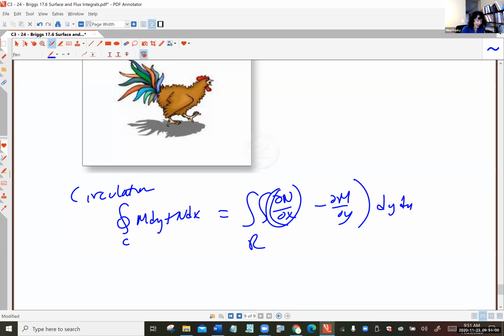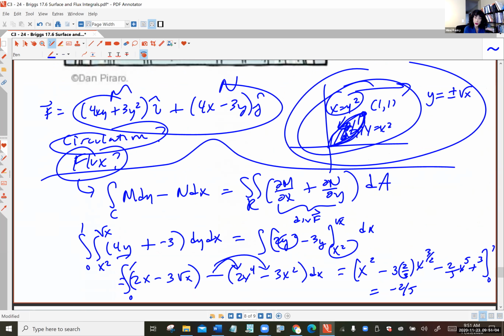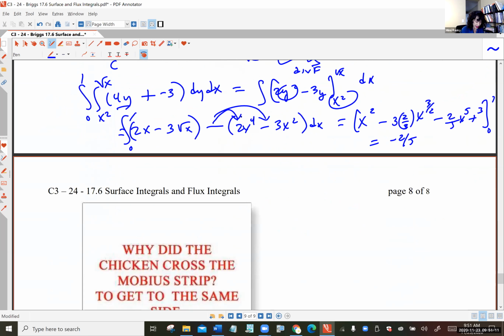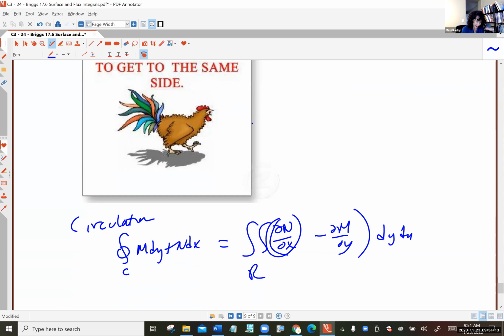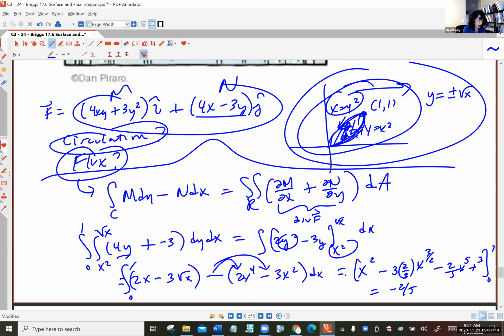So what is dN/dx? Well, of course, that depends on your N that you got from MyMathLab. So for me, the derivative of 4x minus 3y with respect to x, that's not too bad. I got a 4. And then minus dM/dy. So my M was 4xy plus 3y squared.